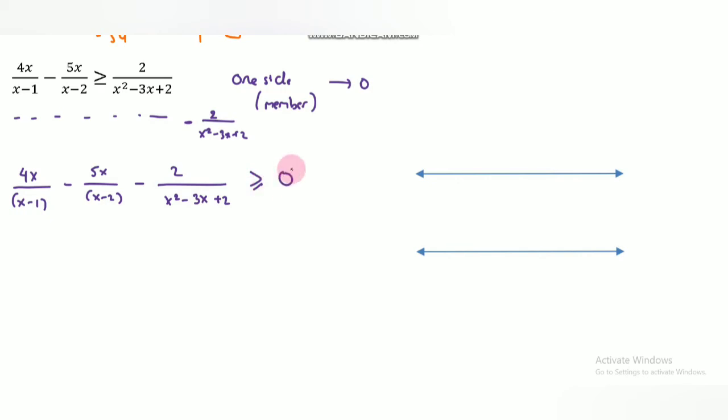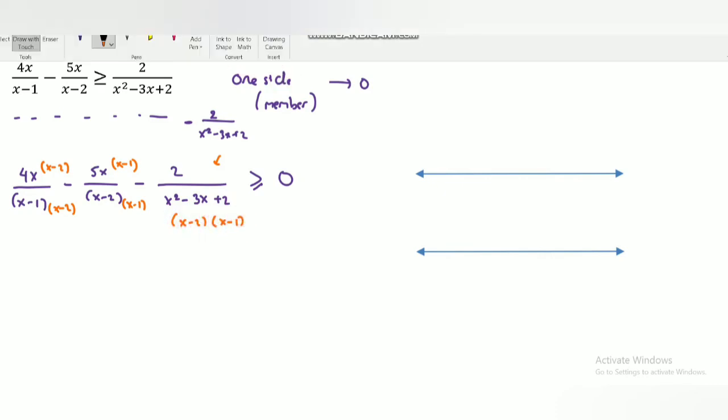And then since we have addition of fractions, the next step is to make the same denominators for all the fractions, right? How is it done? Just multiply each fraction. This one I will multiply by x minus 2 over x minus 2. This one I will multiply by x minus 1 over x minus 1. And this one, no, since if I factor it, actually it is x minus 1 times x minus 2.